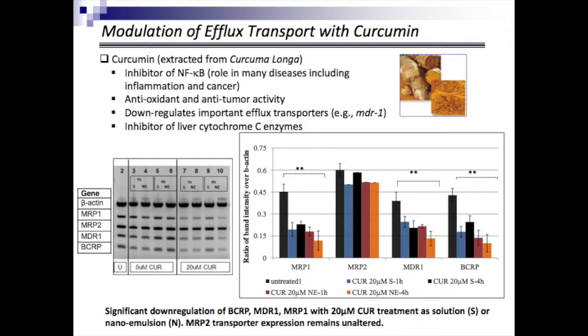But MRP2 is not changed. The levels of MRP2 are not affected by curcumin. So clearly we have been able to reduce MRP1, MDR1, and BCRP genes, which are all very important for effluxing the drug out from the lumen of the capillaries in the brain.